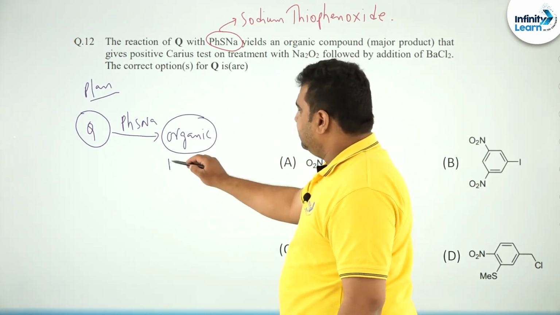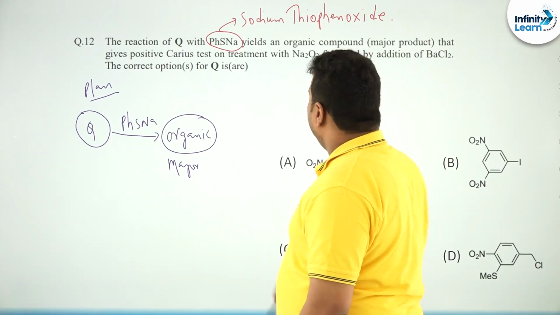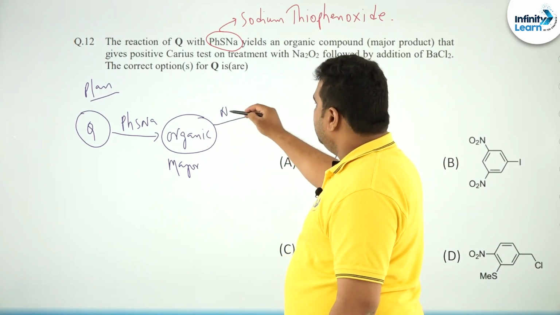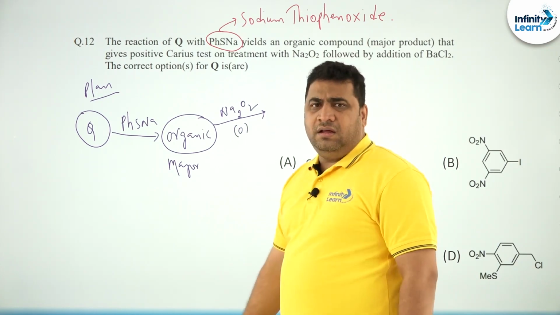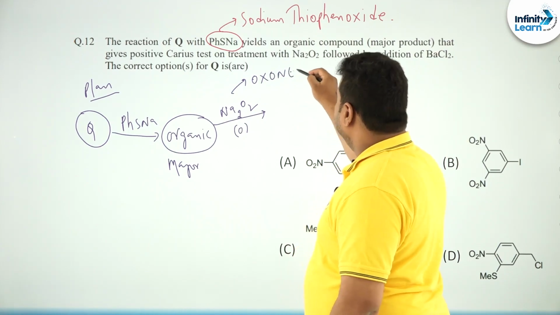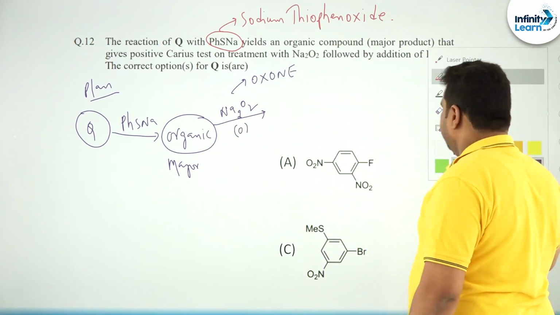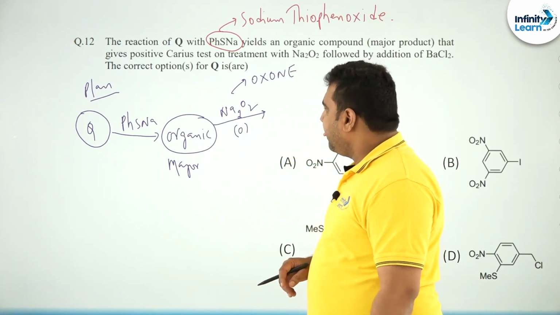Major. To this organic compound, you are treating with what? Sodium peroxide. That means this is an oxidation reaction, and you should know that sodium peroxide is also called oxone. It has a pet name, oxone.